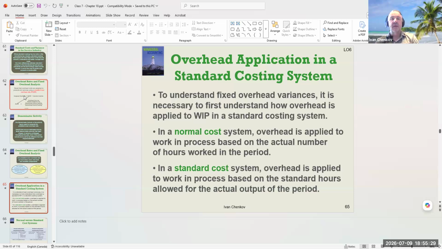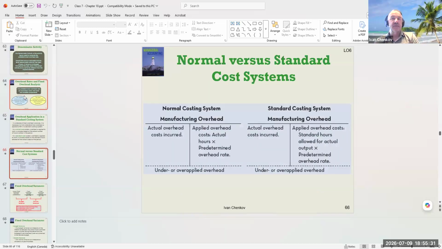on the left side, which is going to have standard cost. So again, in the normal costing system, on the manufacturing overhead account, we're going to see the actual on the debit side. On the credit side, we're going to apply the manufacturing overhead cost by using the actual hours that workers worked, if we're using direct labor hours, times the predetermined manufacturing overhead rate. Now in the standard costing system, the debit is still going to be actual, no changes there.